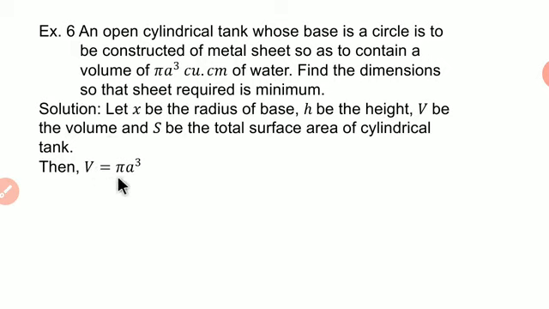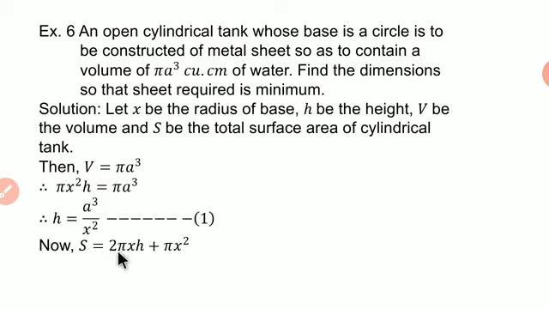Then v is equal to pi a cube, by using the given data. Now by using the volume of cylinder, we get pi x square h is equal to pi a cube. Here pi gets cancelled, and from this we can write h is equal to a cube upon x square. We call this relation number 1.